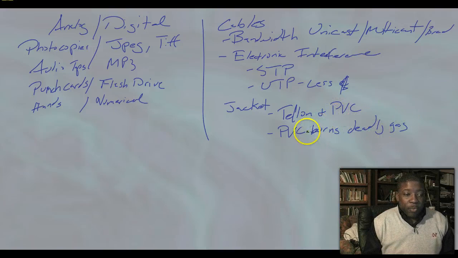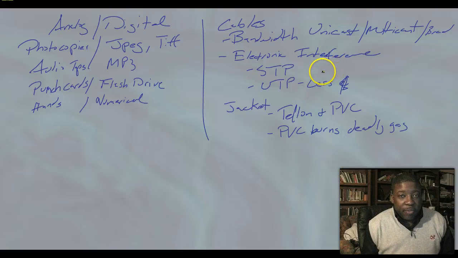So if you have an electrical fire, you definitely don't want to have your cable with a jacket that is PVC. So most of the time, obviously, we'll see Teflon, because the most important thing is saving lives. It's not your equipment, it's not your data, it's always saving lives.